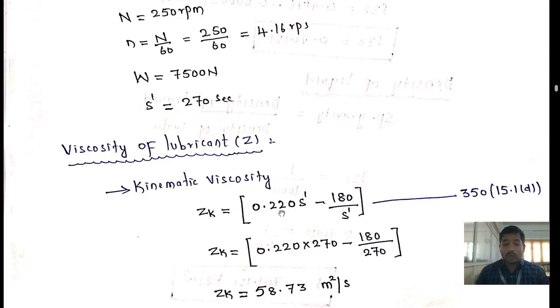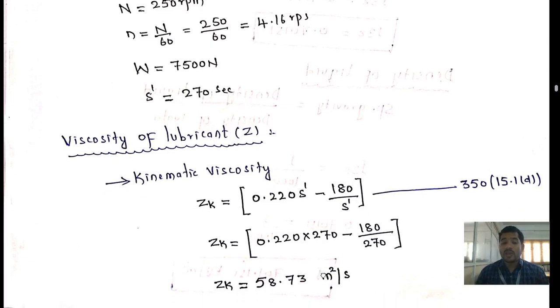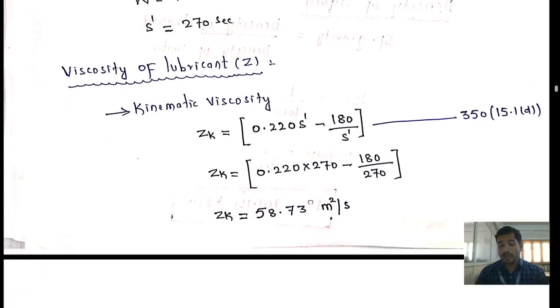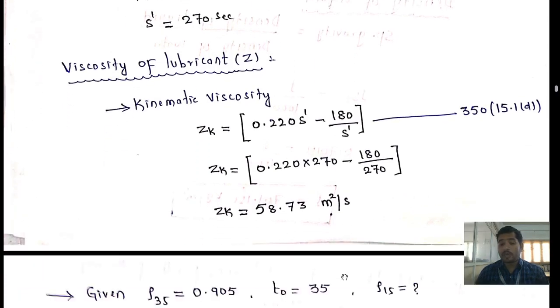So 0.220 times 270, minus 180 by 270. If you calculate, you will get the kinematic viscosity of the material, which we have to represent in meter squared per second.